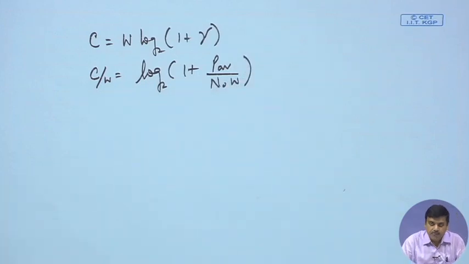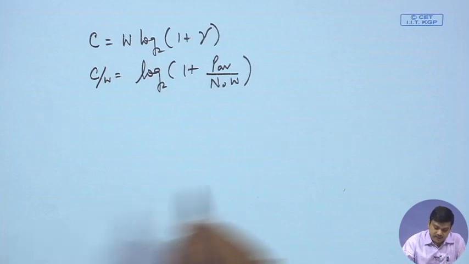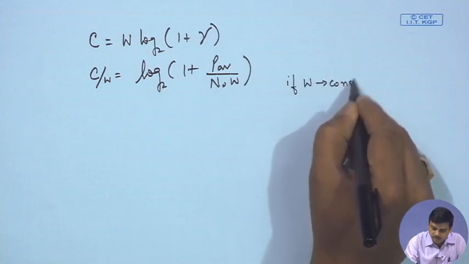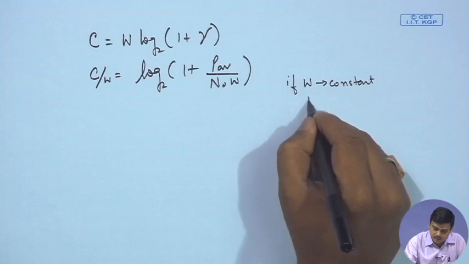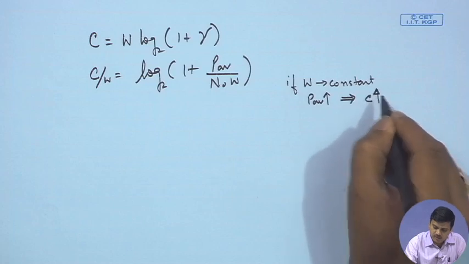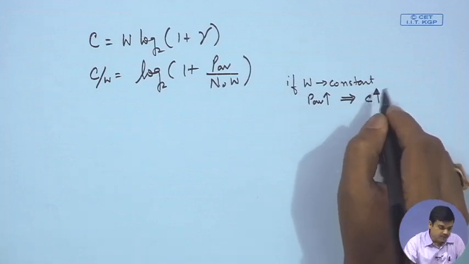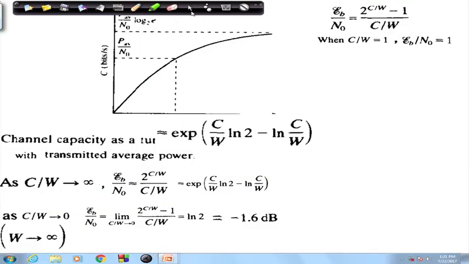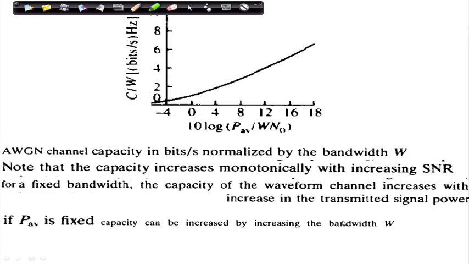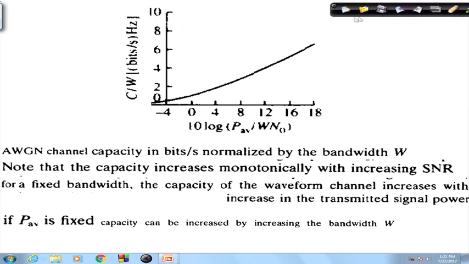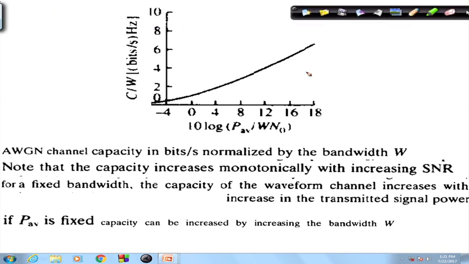One of the important things we briefly highlighted in the previous lecture is that if W is kept constant and PAV, that means the transmit power, is increased, you could keep on indefinitely increasing C. We will focus only on this particular curve in the figure, not on what is written elsewhere.